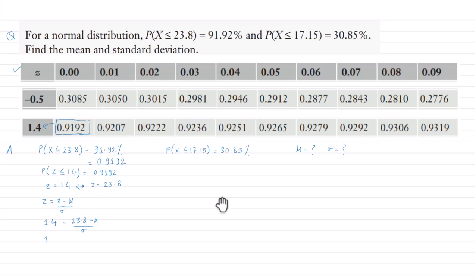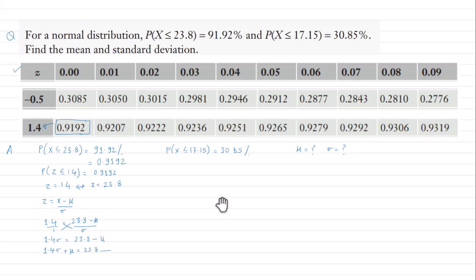So if I divide this by 1 and I do cross multiplication, this will be 1.4 times sigma equal to 23.8 minus mu. And if I take mu on the left hand side, this will look like 1.4 sigma plus mu, that should be equal to 23.8.